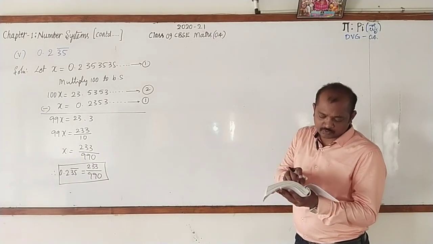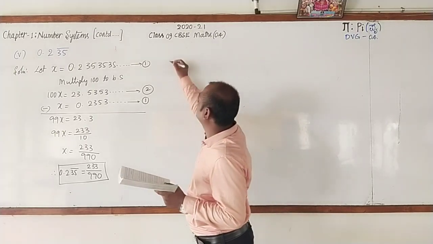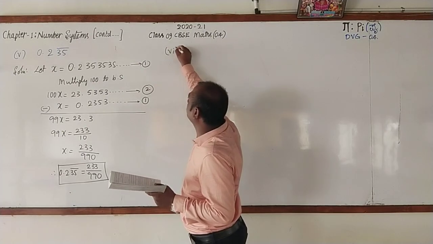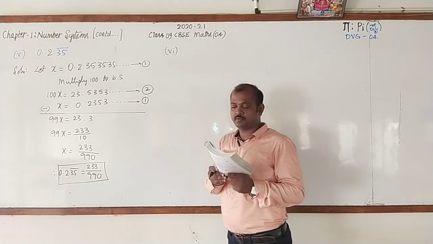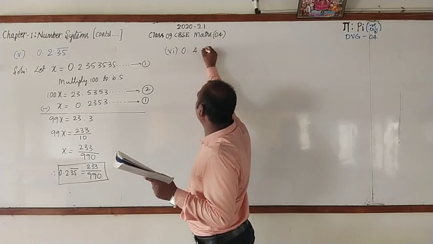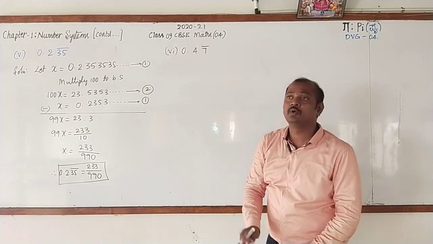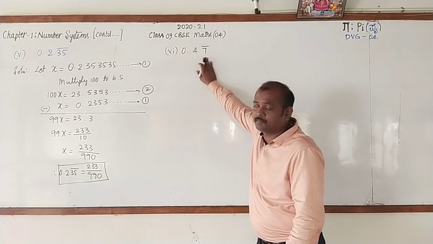Now, I go for taking one more example from the NCERT text only. Don't copy. Afterwards, I will give you time for copying. It is like this: 0.47 bar. Here, bar is applicable to only 7.